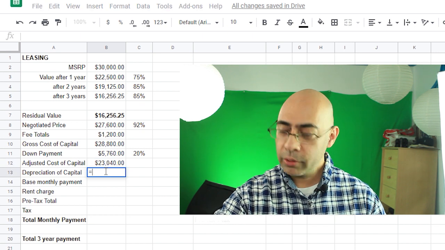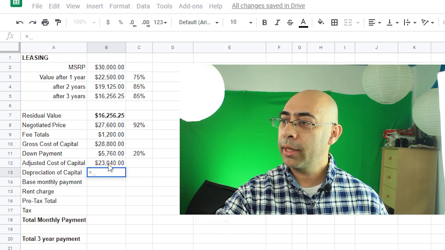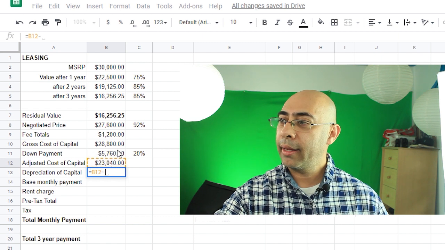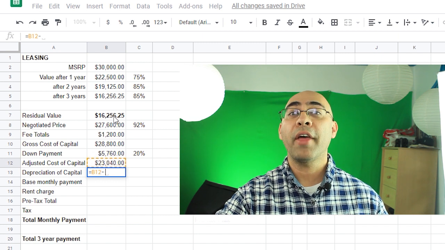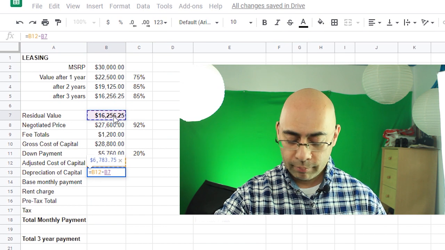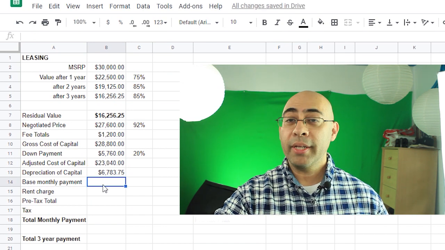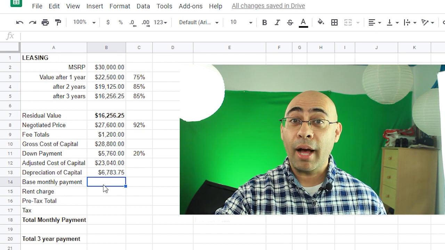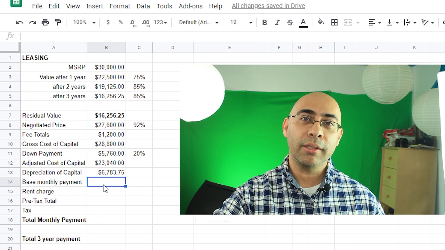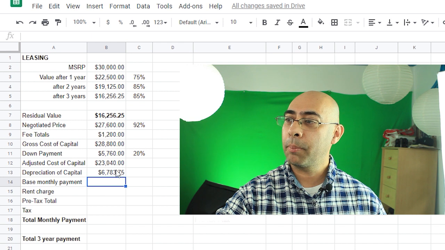So we'll do equals that 23,040 and take away whatever the car will be worth after 3 years' time. So that is the depreciation of it. So basically they're losing $6,000. The dealer's losing $6,000 by you deciding to pay $28,800 for it.